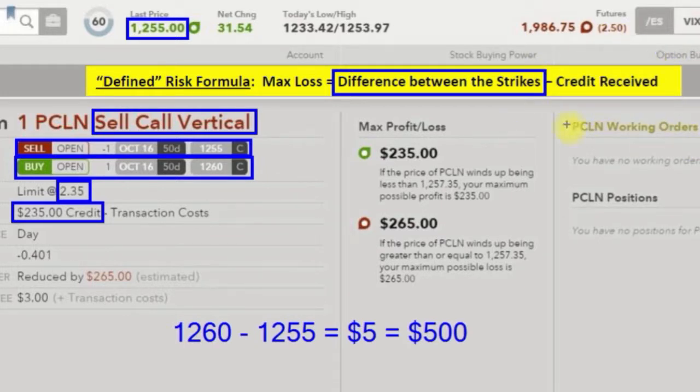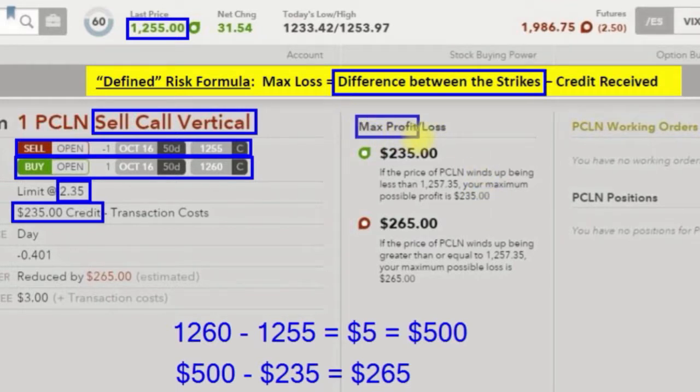What did we receive for selling this? We sold it for $235. So let's look again. Our max loss is going to be the difference in the strikes minus the credit received, which in this case is $235, which means our max loss is going to be $265. And if you look right here, you see it play out exactly as we've just broken it down.